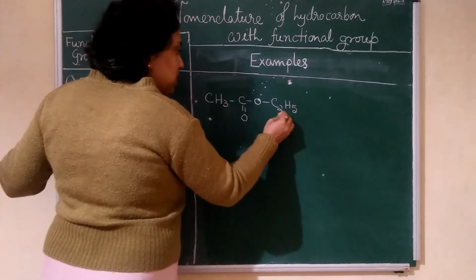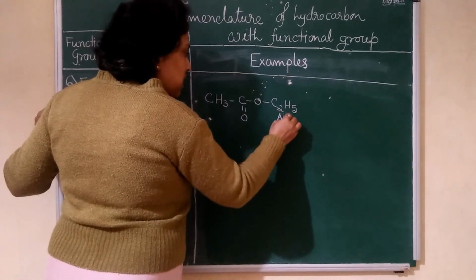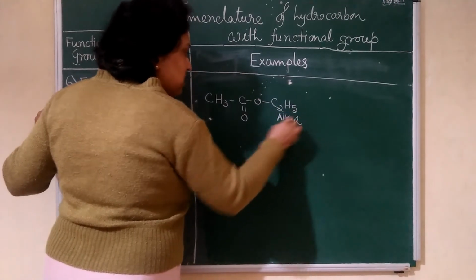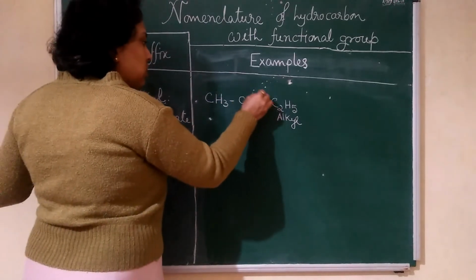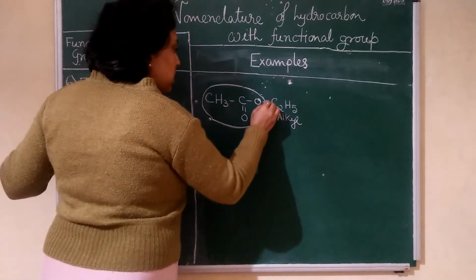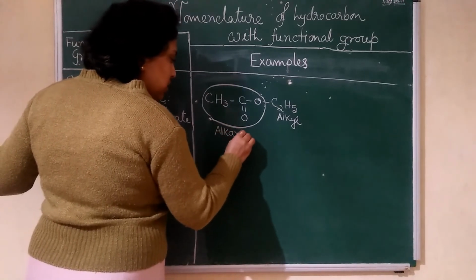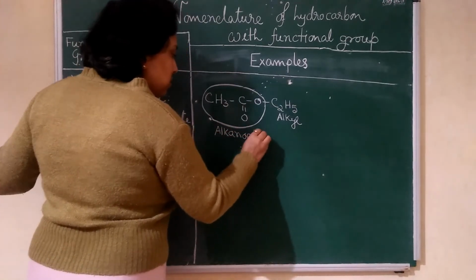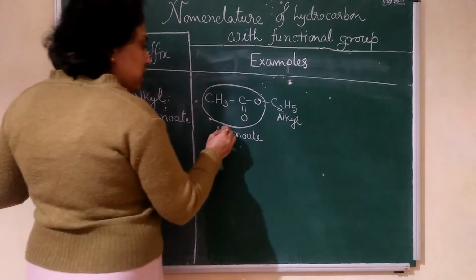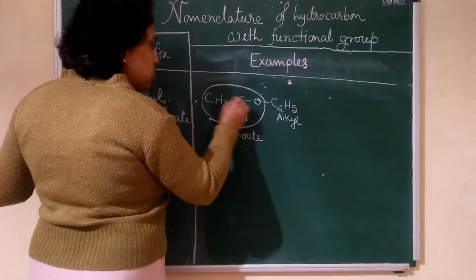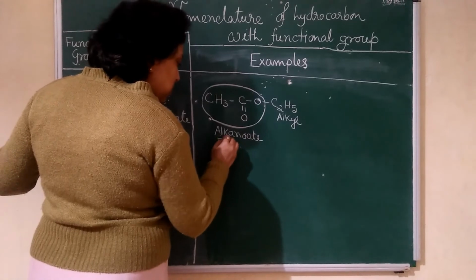So this one will be named alkyl, and this whole part will be named alkanoate. How many carbon in the alkanoate? 2, so it is ethanoate.